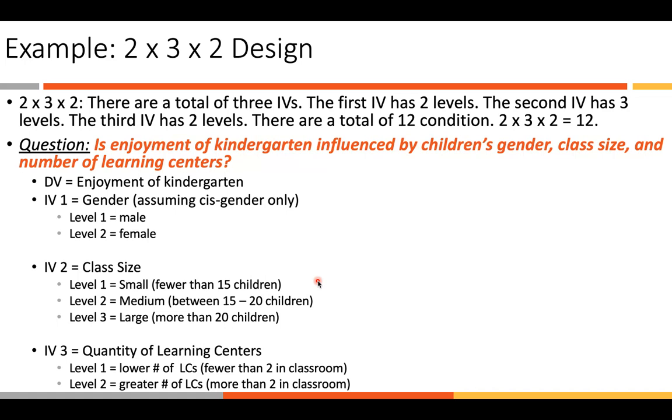Once you're at this point of designing and conducting an experiment, you should be very familiar with the past literature on this topic. So presumably, as an educational psychologist, I've read dozens and dozens or even hundreds of papers about school enjoyment and the factors that impact school enjoyment. And so I'm going to use that prior knowledge to inform my choice of variables as well as the levels of those variables.